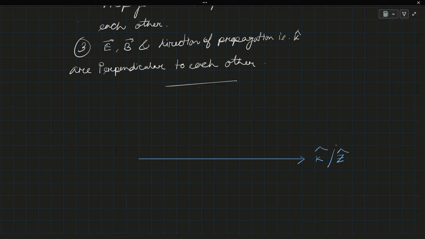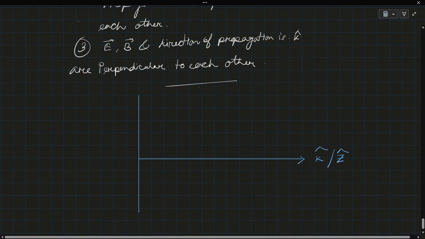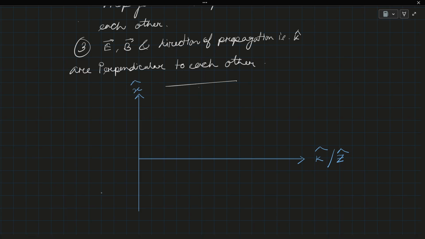Let's say the wave is moving in z direction, so k can be written as z cap. Now let's say this is x cap, and this is y cap.